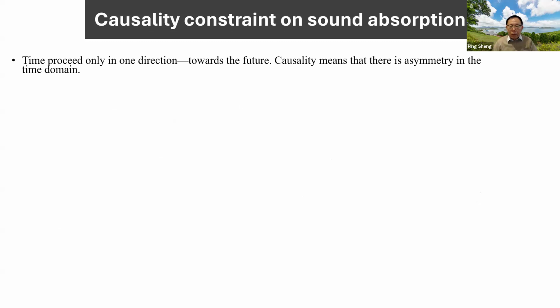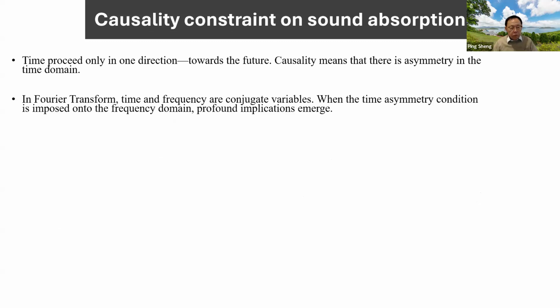And that means there's an asymmetry in the time domain. And we know from Fourier transform, time and frequency are conjugate variables. And when the time asymmetry condition is imposed on the frequency domain, profound implications can emerge.